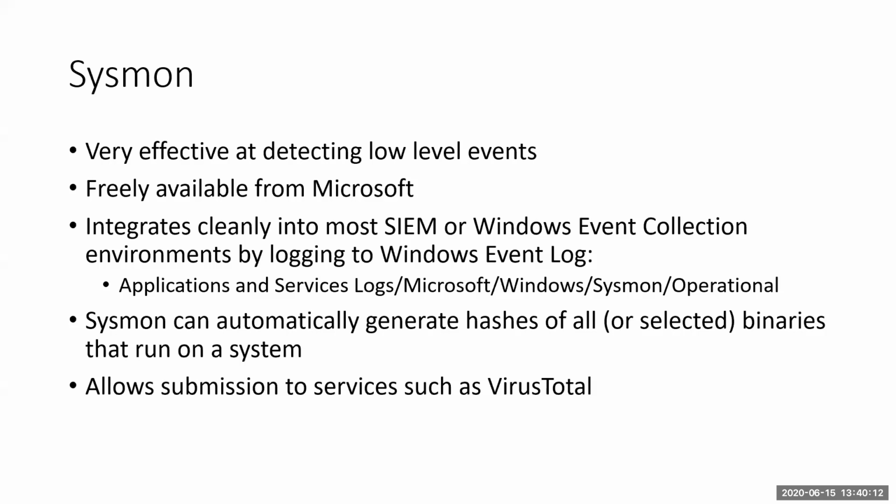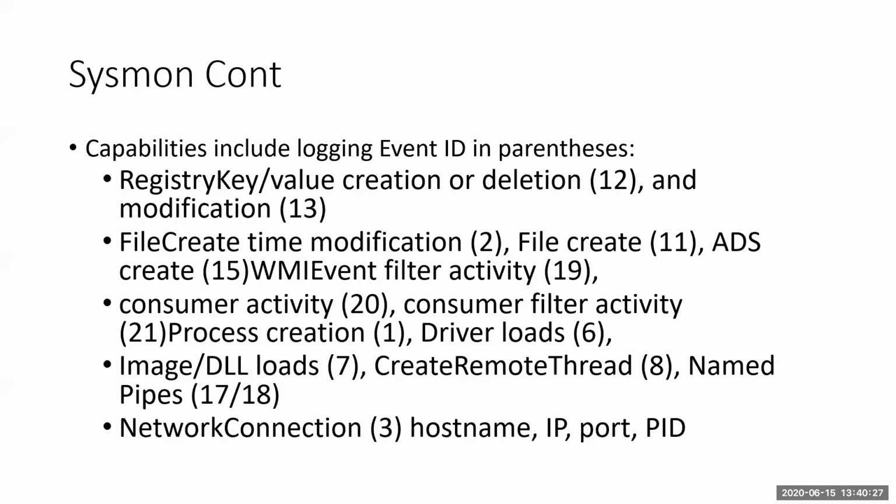That's one of the nice things about Velociraptor: it gives you the ability to run Sysmon across all your hosts and get hashes, and then you could see if there are any similar malware families running on any of your endpoints.